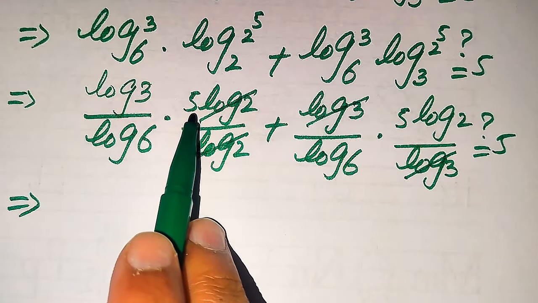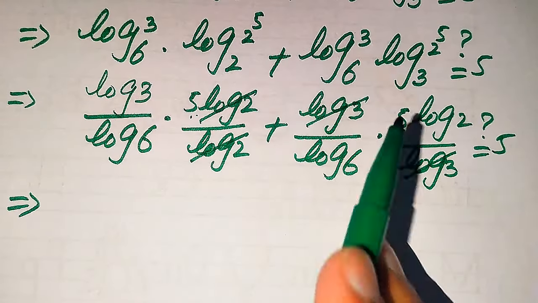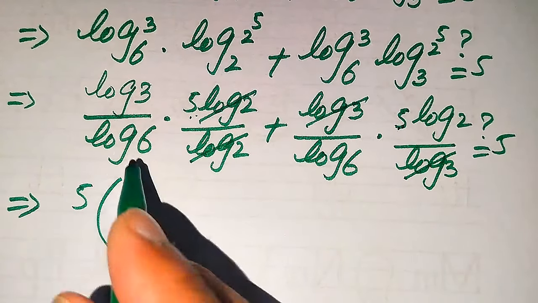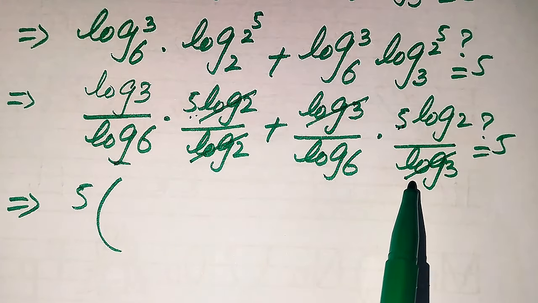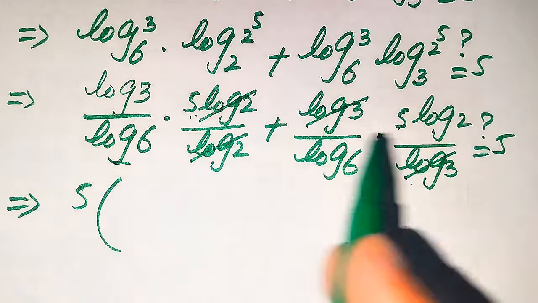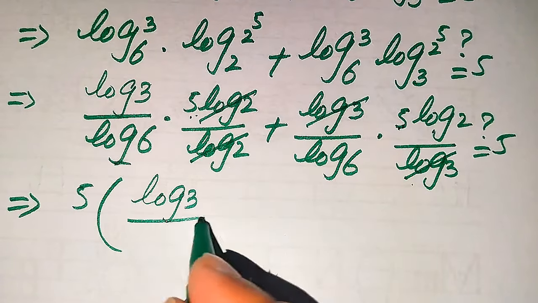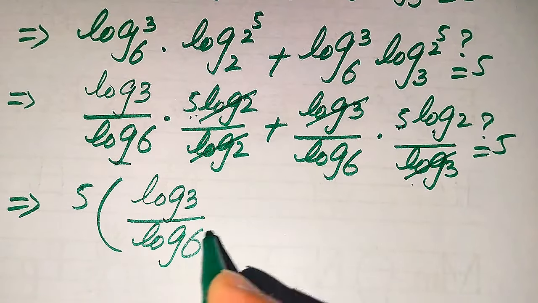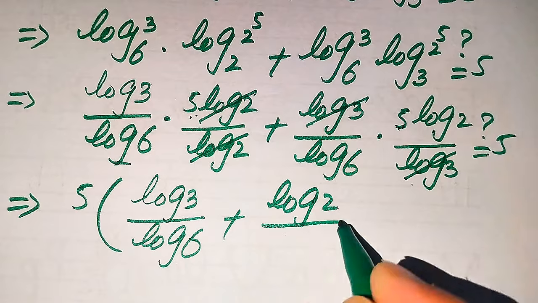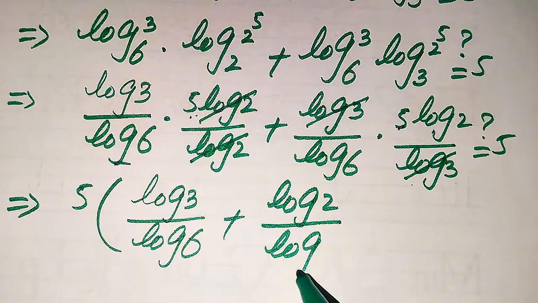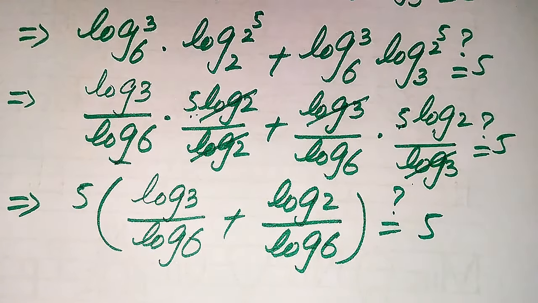From here you see that this 5 is present in both of these terms, so we will take 5 common, and we get these two terms. We write it as log of 3 divided by log of 6, plus log of 2 divided by log of 6, and this is equal to 5 or not.